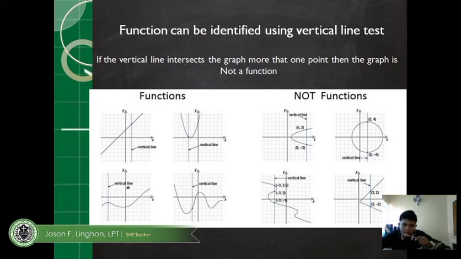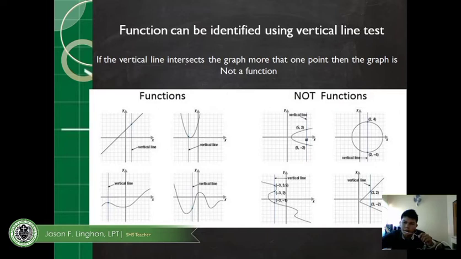Also here, this is our vertical line test. But notice here, on the U facing to the right, if we use a vertical line test, it intersects two points on the graph.